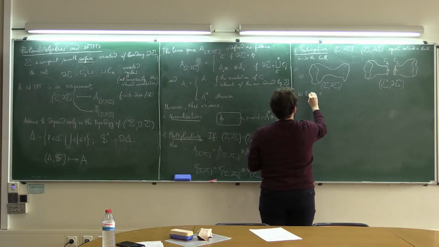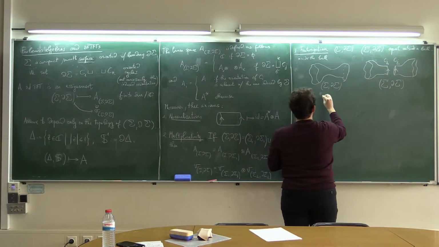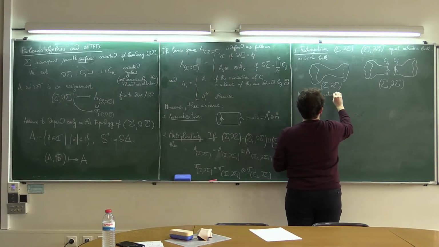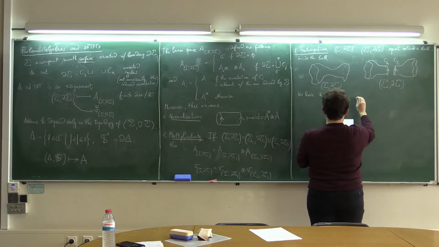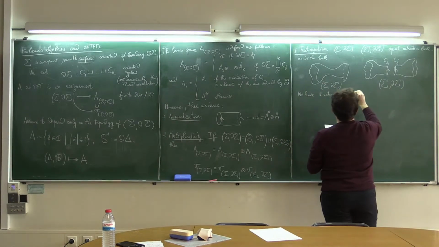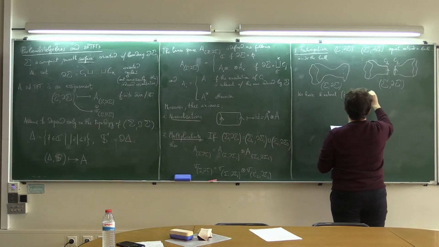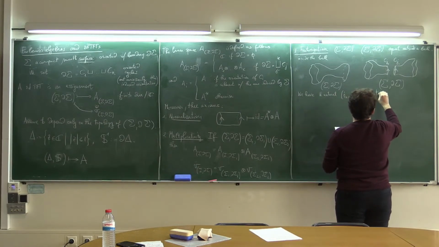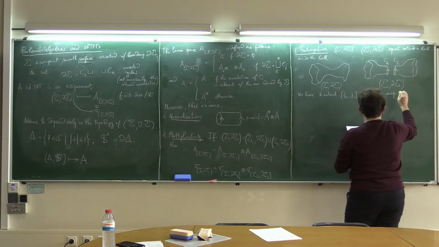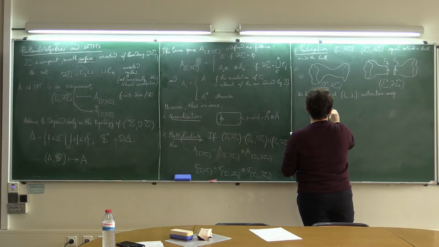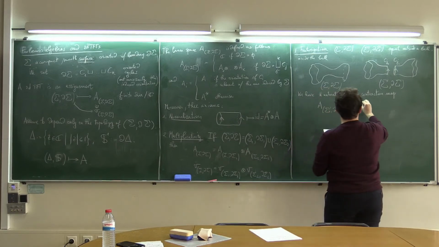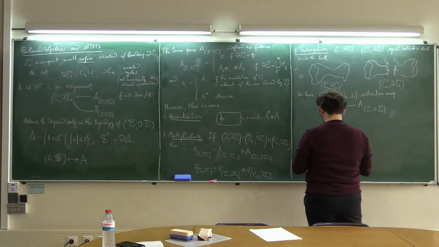So we have a natural J0, J1 contraction map from A sigma prime to A sigma.